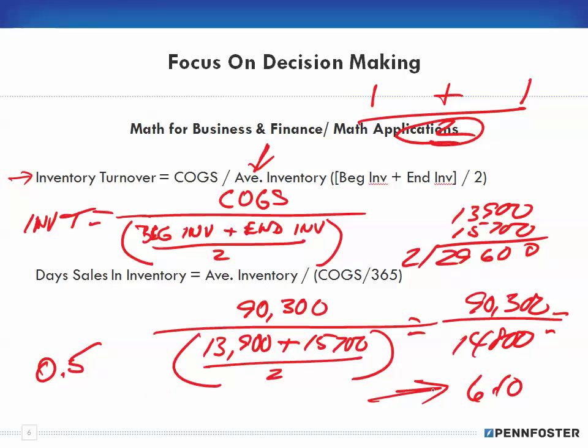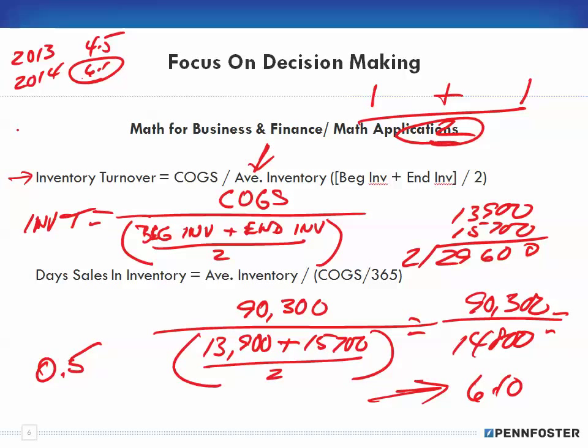But using the ratios, if I had in 2013 an inventory turnover of say 4.5, and now in 2014 I have 6.1, well then obviously I'm doing something right, because I'm selling my inventory at a much greater rate. I've turned it completely over 6 times.